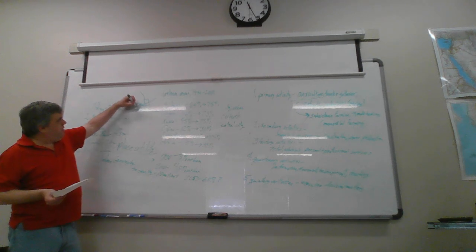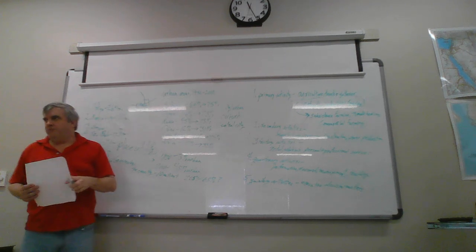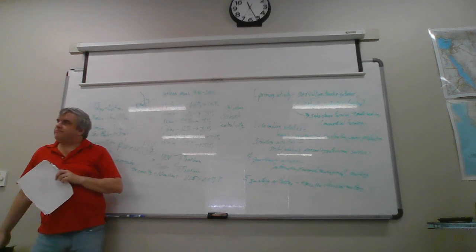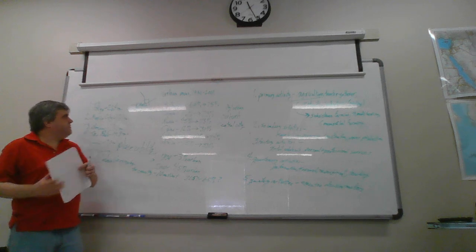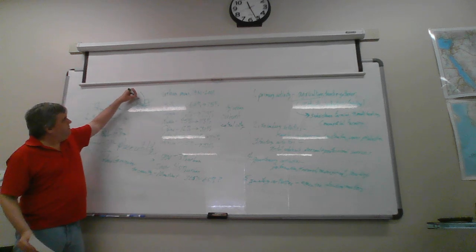Grand Prairie right here is a suburb of nearly 200,000 people. Irving, same thing.